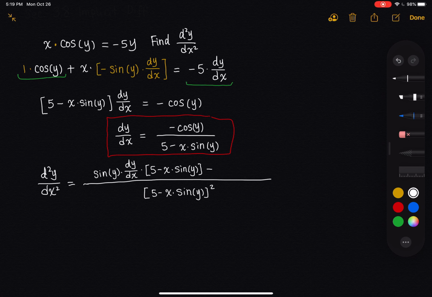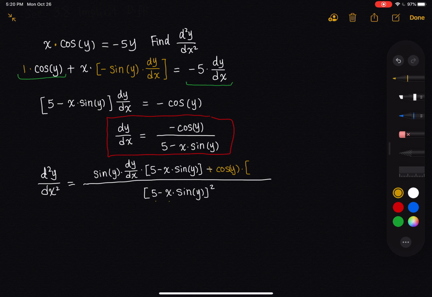And then we need to subtract the top function times the derivative of the bottom function. So we get plus cosine of y because the negatives cancel, times the derivative of the bottom function. The derivative of 5 is 0.